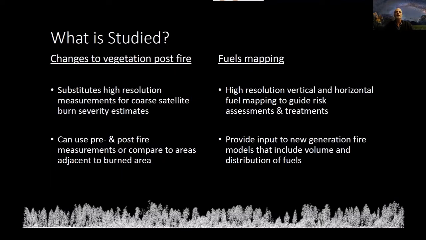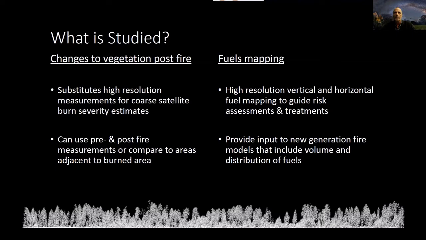So what is studied? Many things can be, but I'm going to group the studies in this talk really into two broad categories. First, changes to vegetation post-fire. How did fire change the vegetation or the forest in an area? And again, this builds off of a long tradition of burn severity mapping with satellite data, for example, with Landsat.